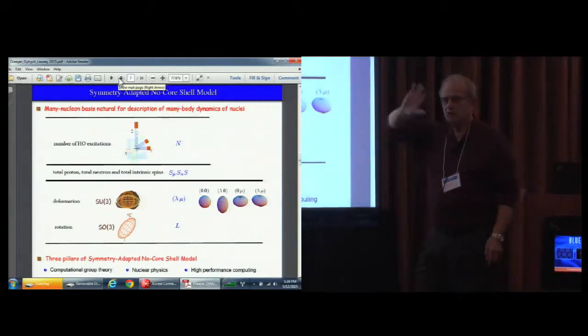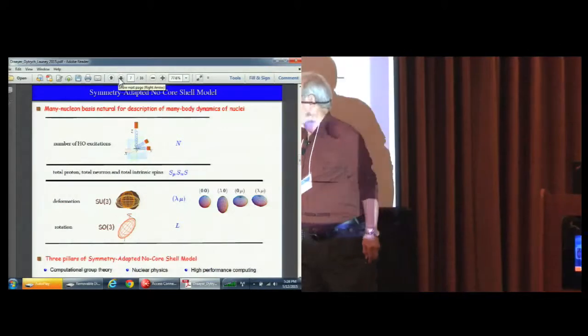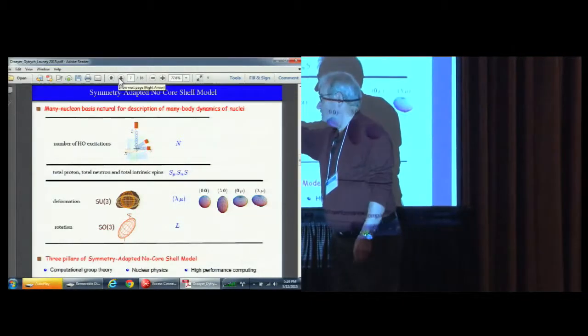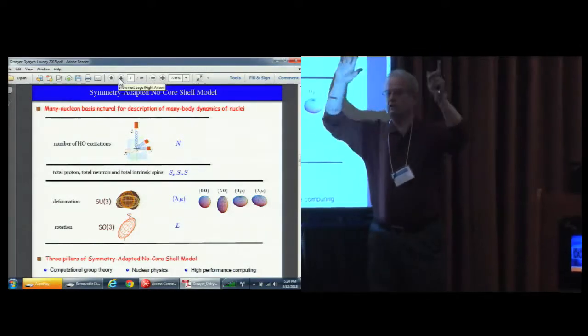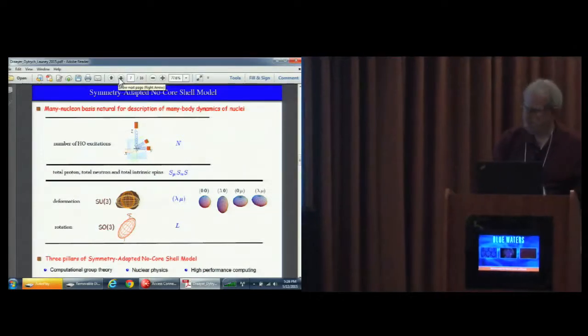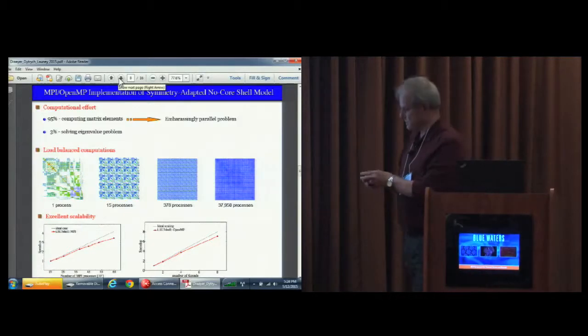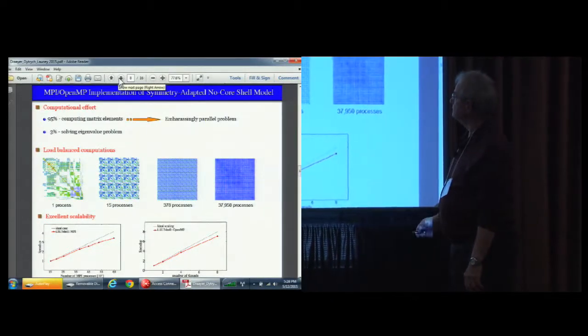So you can organize your basis states according to symmetries which have exact symmetries like rotations, but they also have partial symmetries like deformation. So you can take that huge space and you can gather it, if you like, organize it by symmetries. And in the case of SU(3), that's what we did.